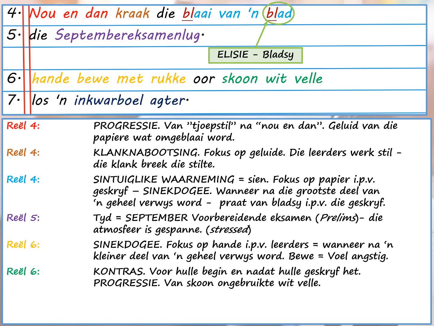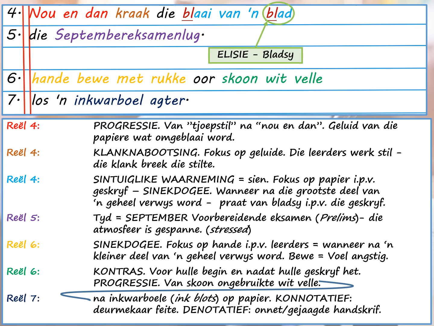When they begin to write, your paper is clean. And then obviously later in line 7, it leaves inkwarboel agter. It leaves ink on the paper, ink blots on the paper. So we progress from white sheets to ink on the paper.